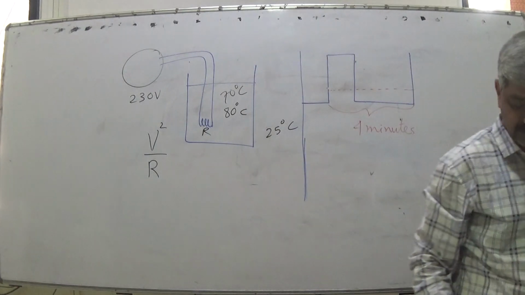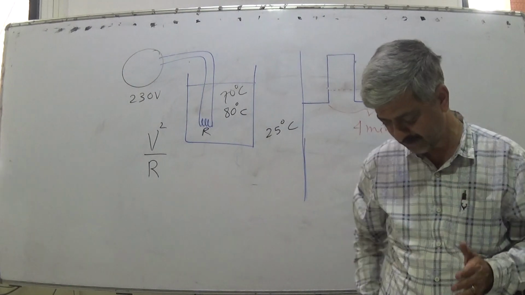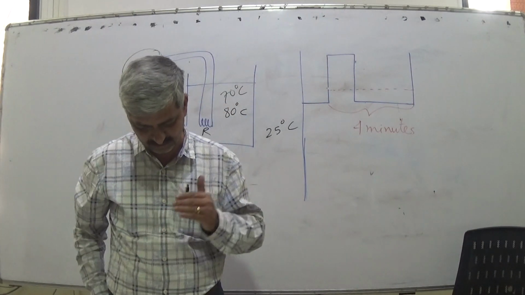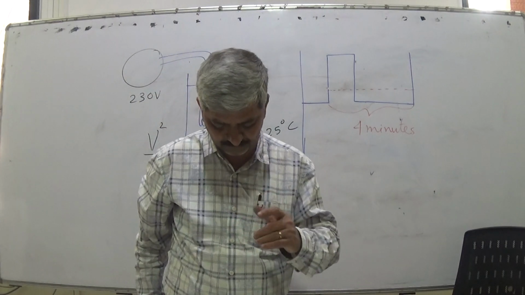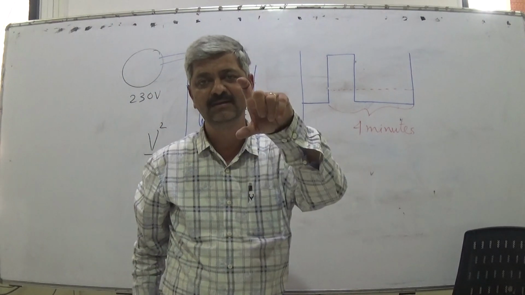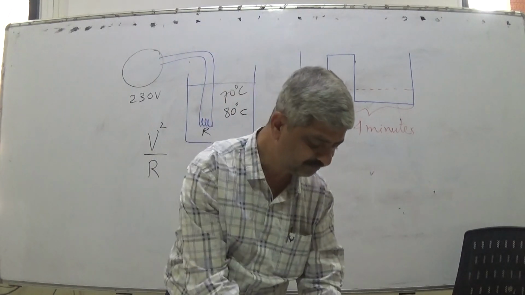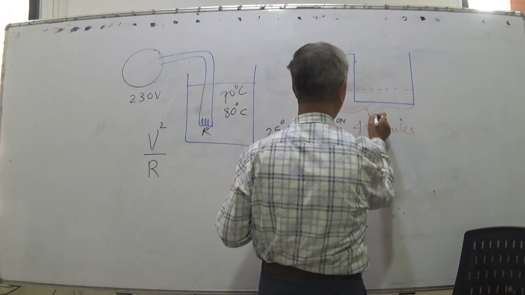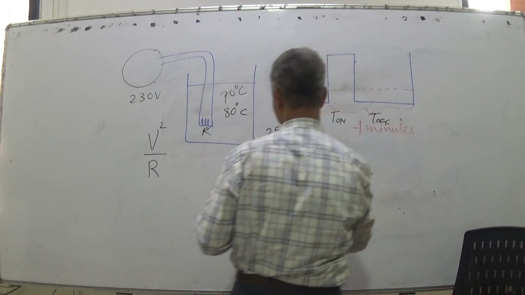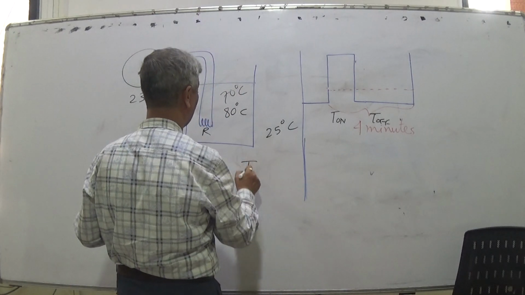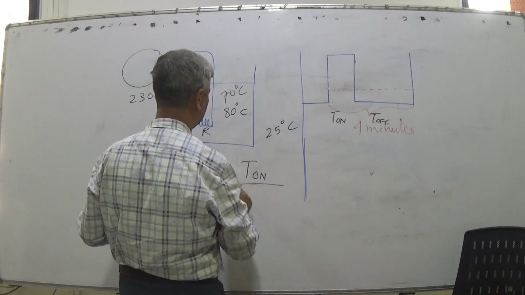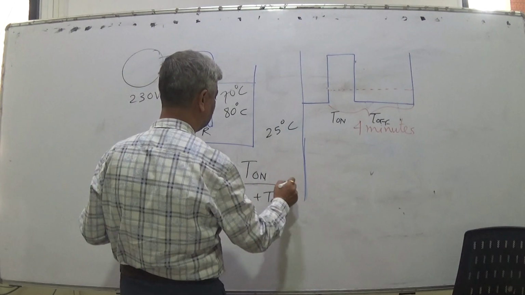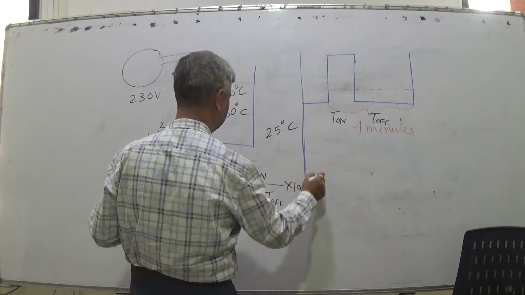Means, instead of changing the voltage level, the continuous variable, if I keep it full for T on time and 0 for T off, then effectively the average I have given is T on upon T on plus T off, and multiplied by 100 it is in percentage.